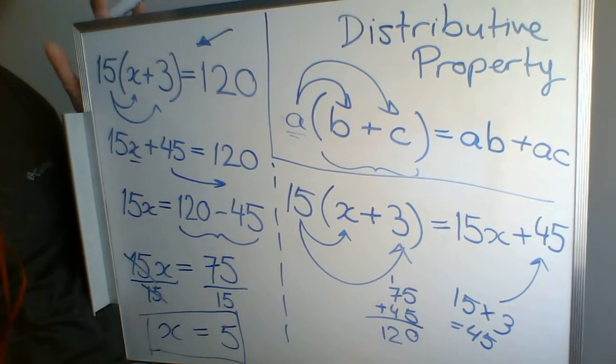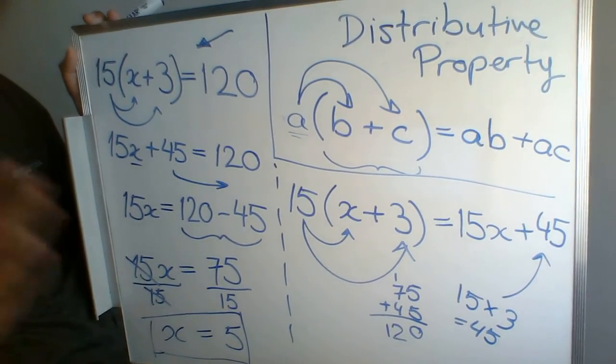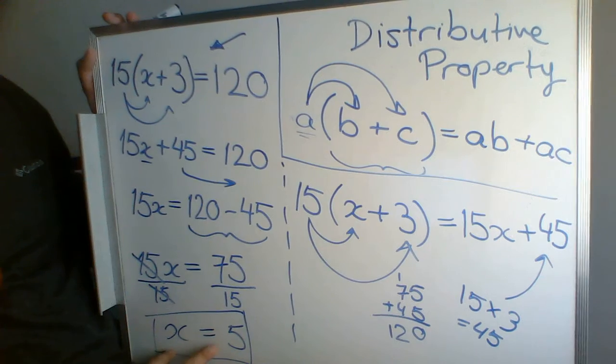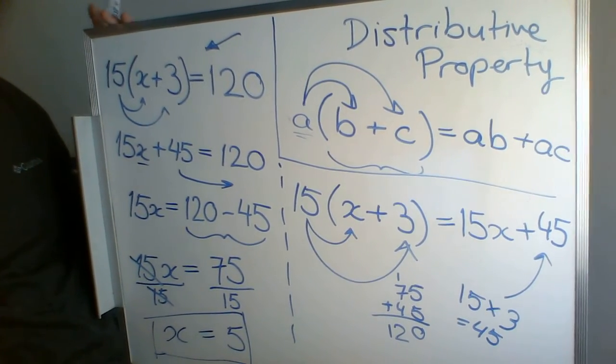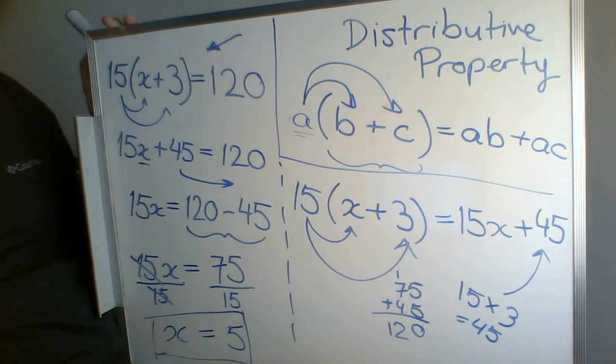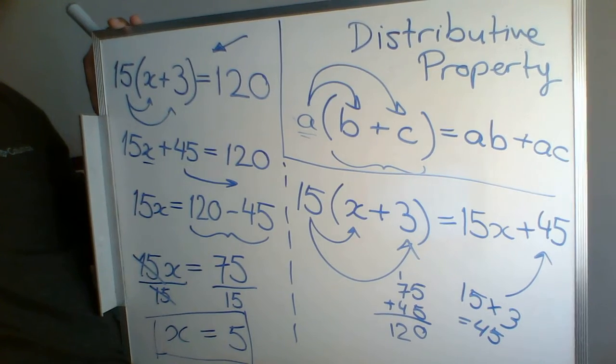That said, just to make sure it's making sense, I'm going to leave it as an exercise for you guys to take this x equals 5, plug it into the original equation, and see if it spits out the same answer that you would expect. Hopefully that sounds fair.